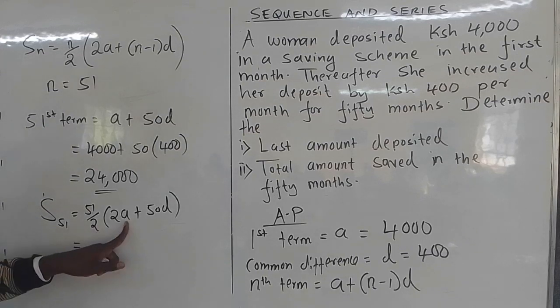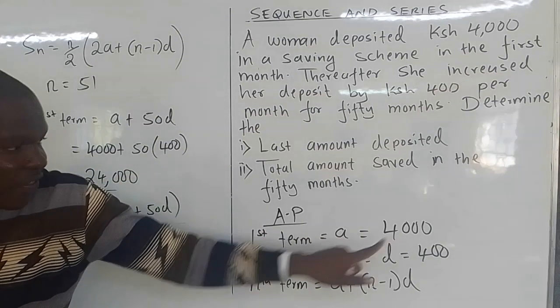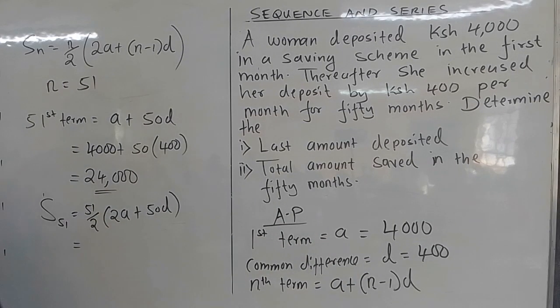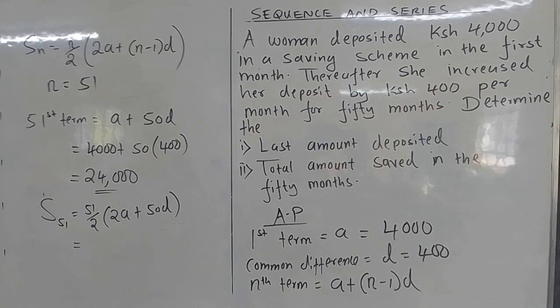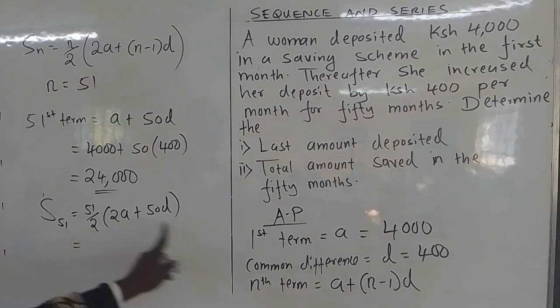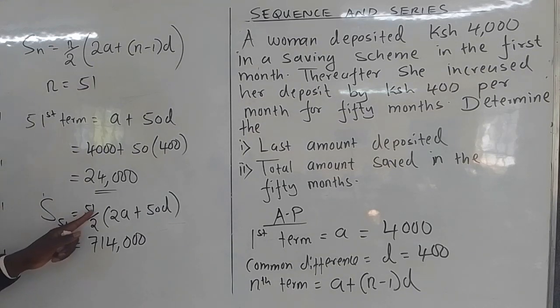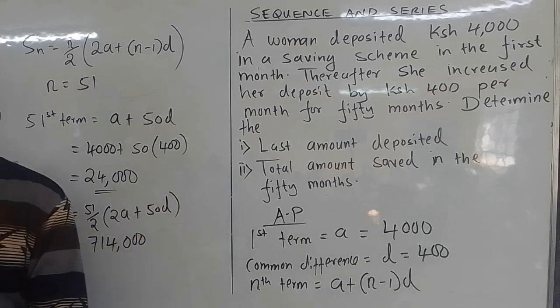Where there is a, put the value of a, which is 4,000. Where there is d, put the value of d, which is 400. So when you substitute a 4,000 and d 400, you get 714,000 flat. Are we together? So that is the sum of the whole 51 terms.